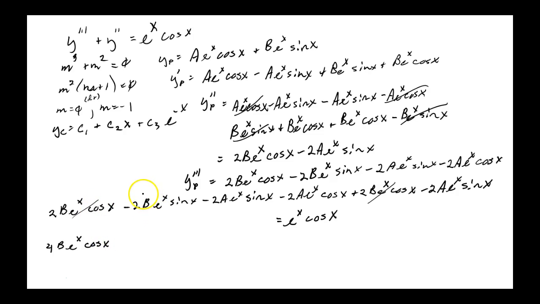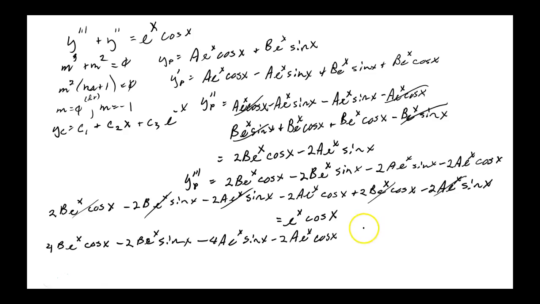And this is the one and only minus 2b e to the x sine x. We got 2 of these, so that'll be minus 4a e to the x sine x. And then we've got just minus 2a e to the x cosine x. Okay, and that's supposed to equal e to the x cosine x.